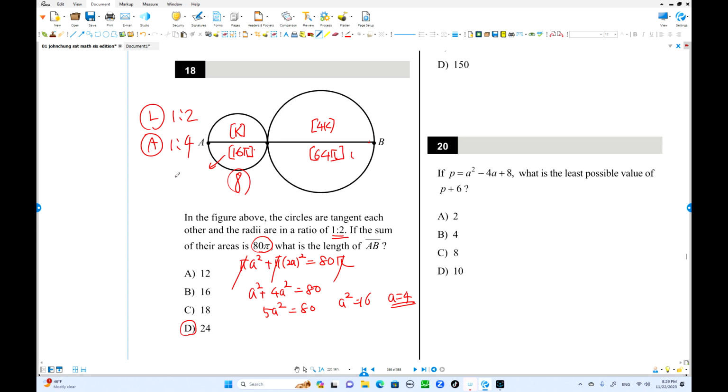Pi r squared is 16 pi. Pi is out, r is 4, right? This one is pi r squared, that is 64 pi. So the radius is what? 8. Same thing. This is 4, this is 8 still.